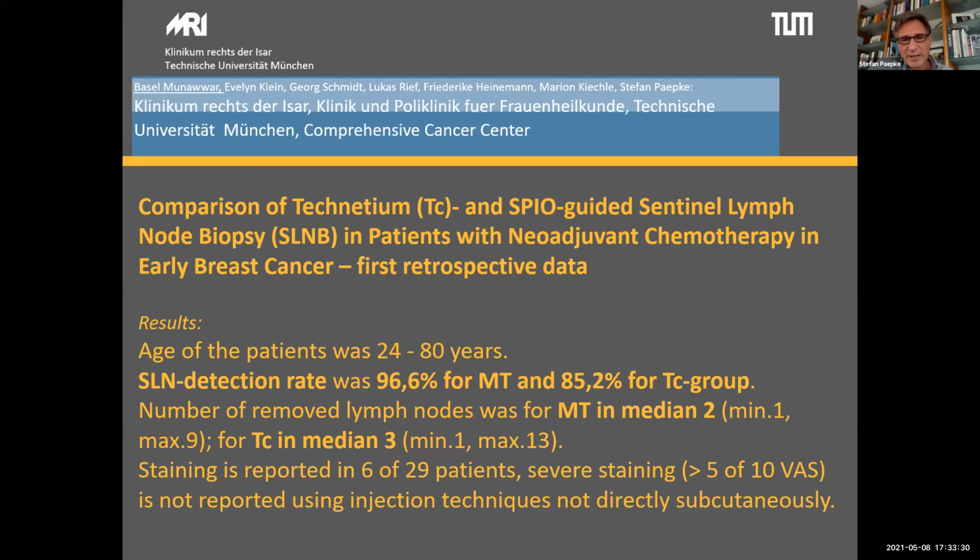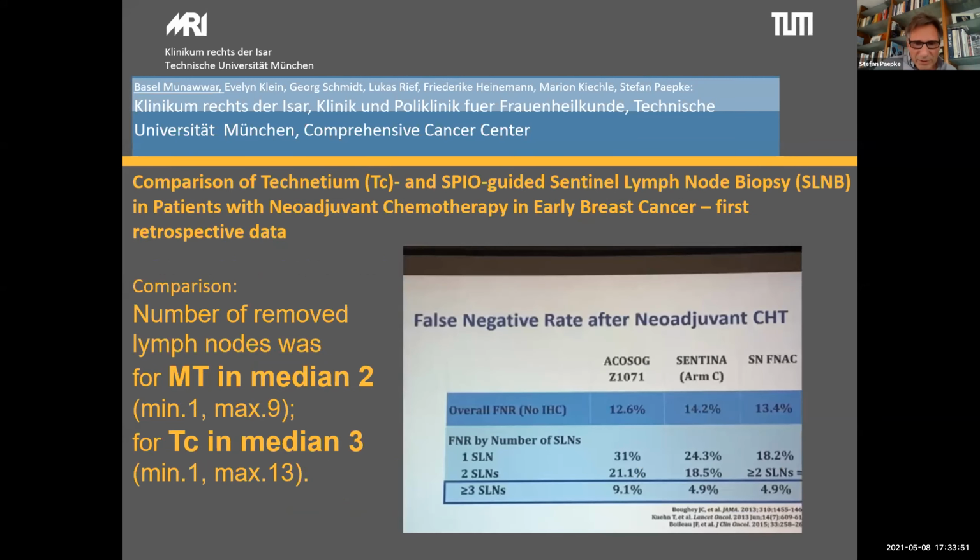Severe staining, that means larger than grade 5 on a 10-point visual analog scale, was not reported. It was only reported when we started with the Magtrace application subcutaneously, which we abandoned immediately. Once again, the comparison: take more lymph nodes.